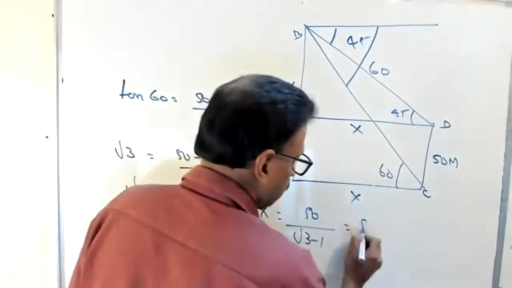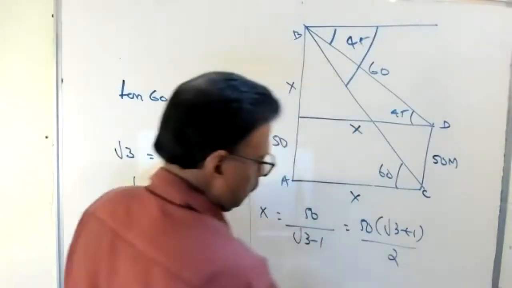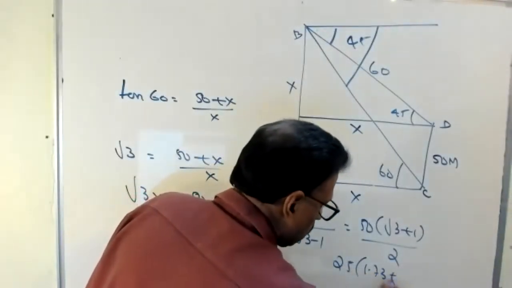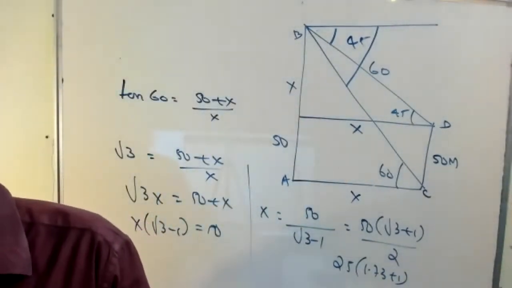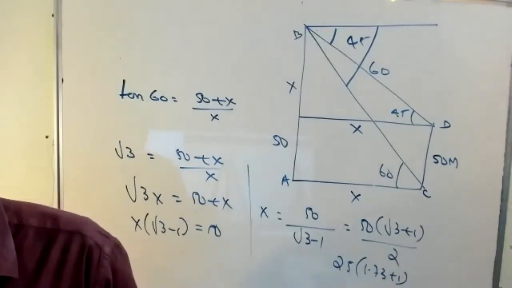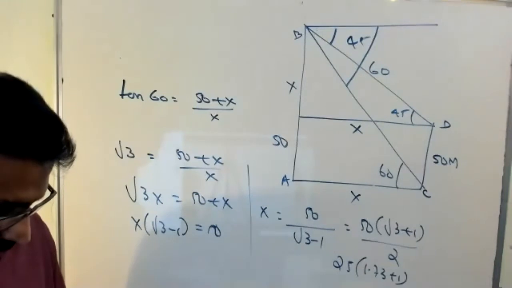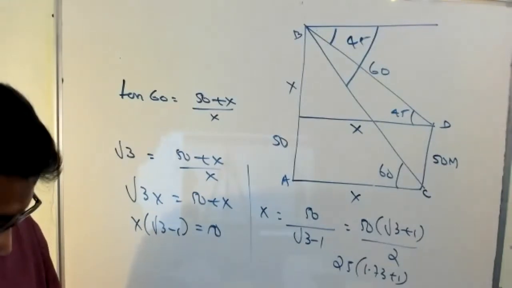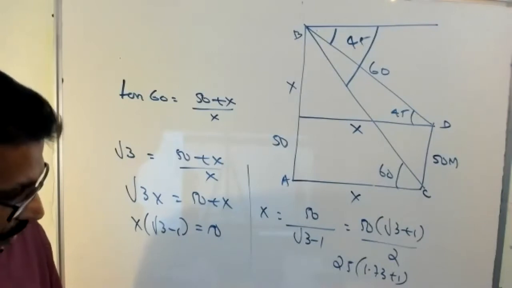So that is 50 into root 3 plus 1 by 2, so 25 into 1.73 plus 1. How much is that? 1.73 plus 1 into 25.